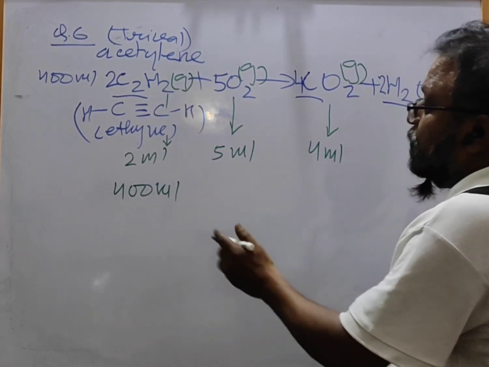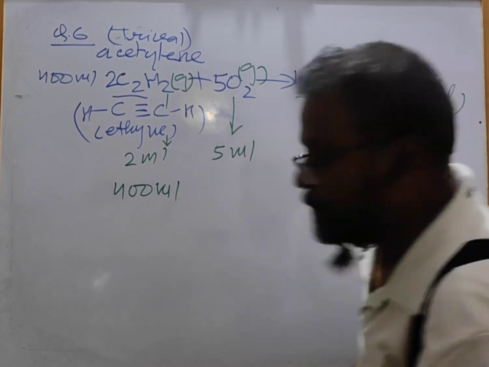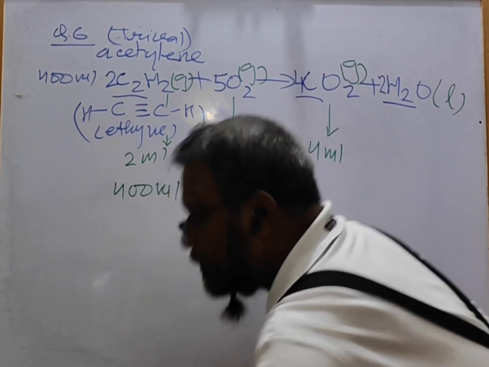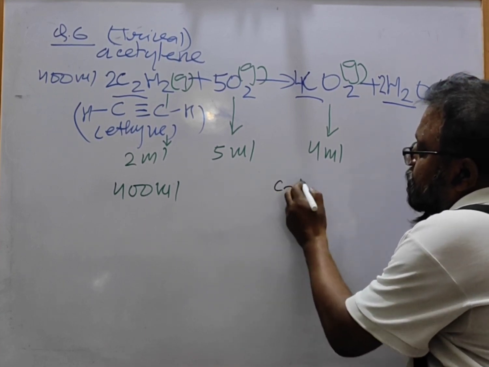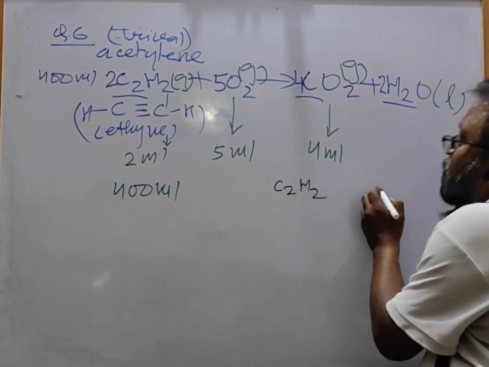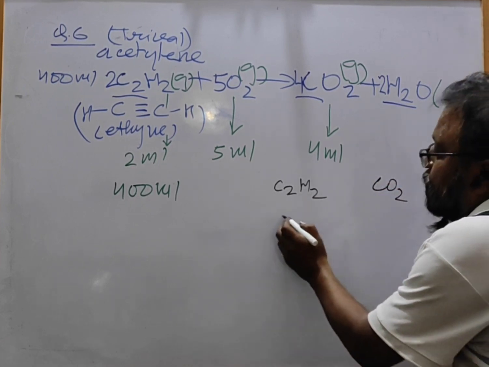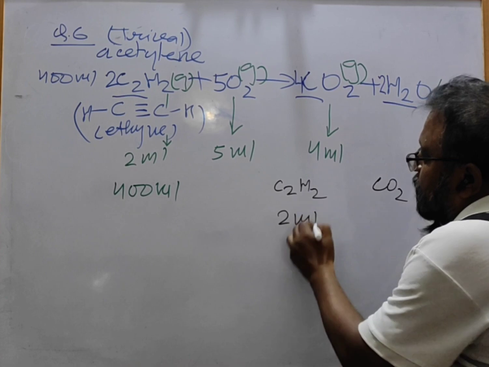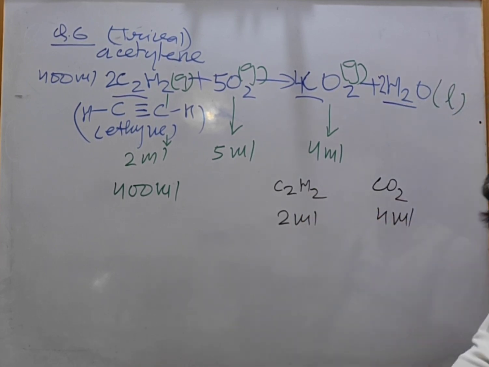So now we will apply the simple unitary method. 2 ml of ethyne gas combines to give 4 ml of carbon dioxide.